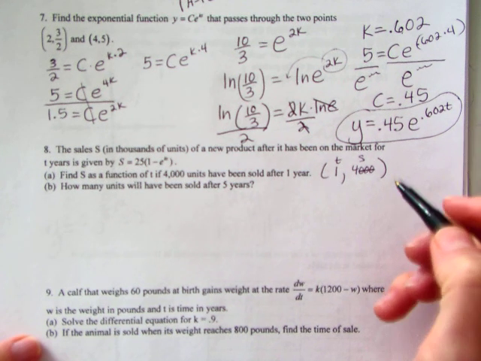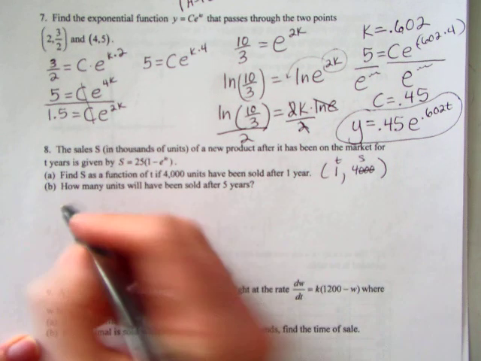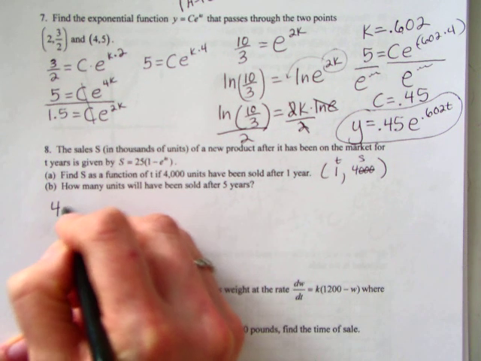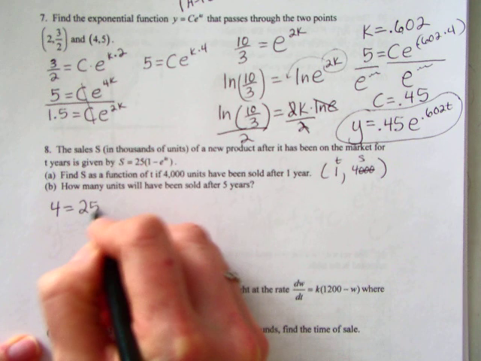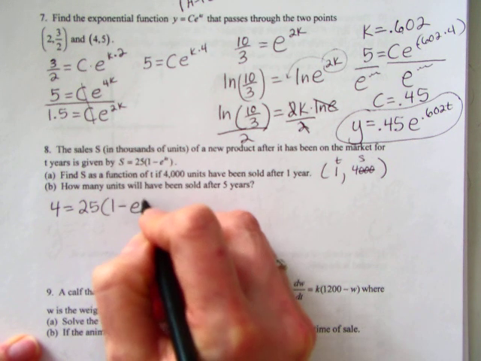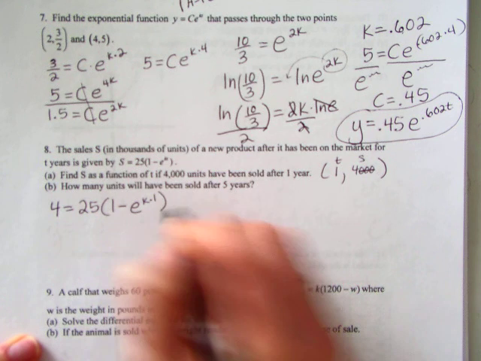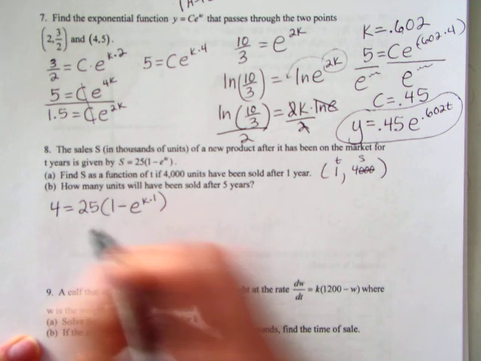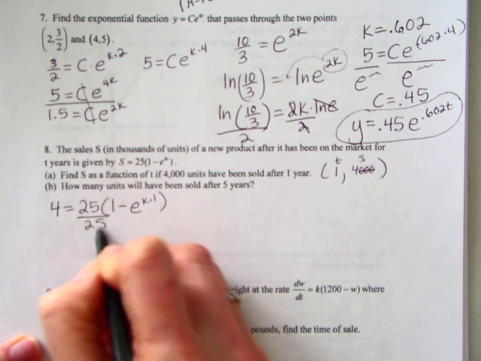All right. And so if we plug that into this equation, we'd have 4 equals 25 times 1 minus e to the k times 1 power. All right. Divide both sides by 25.